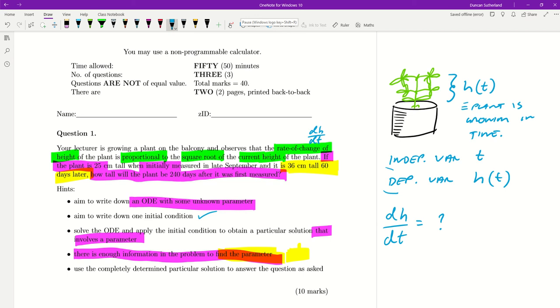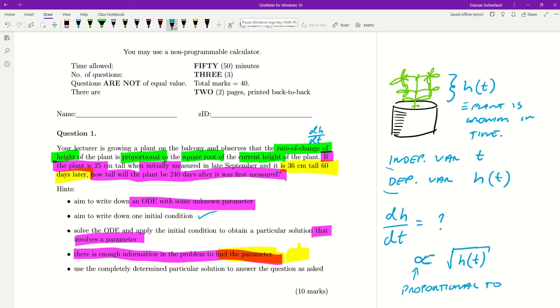The stuff in green says that dh dt is proportional to, so we can write this proportional to symbol, the square root of height. So square root h of t.